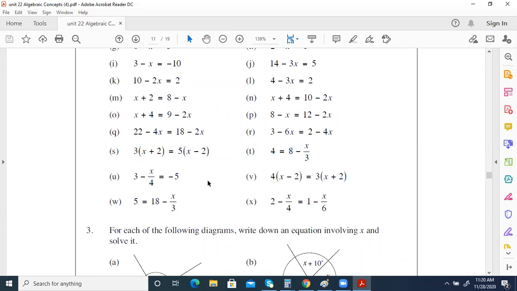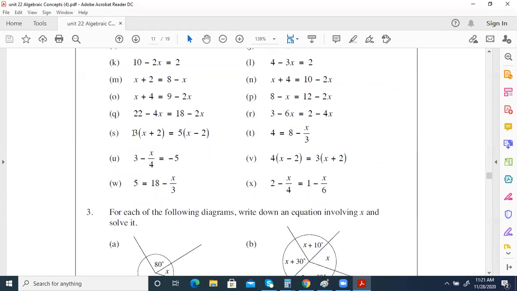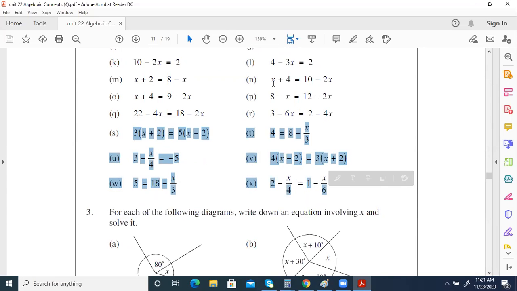Questions from S to X. Try these out and we'll see what happens. I'm going to pause this recording and give you guys around 15 minutes to try them, and then we come back and we'll do them. So from S to X. All right, we'll be back in the next 15 minutes.